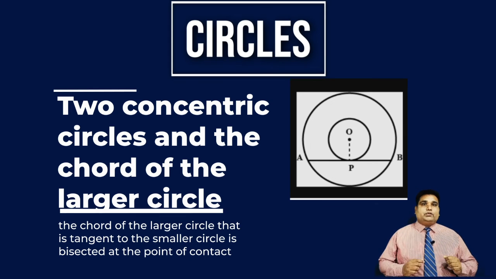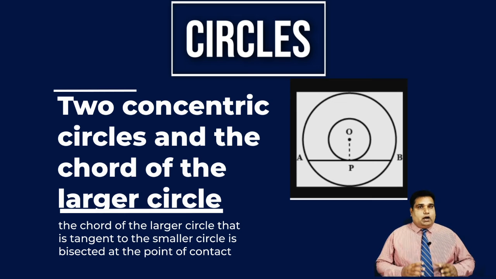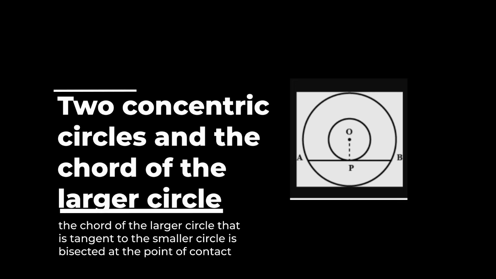Two circles are concentric when they have the same center. Here in the diagram we have two circles, an inner circle and an outer circle, with a common center O. The theorem says that in two concentric circles, the chord of the larger circle that is a tangent to the smaller circle is bisected at the point of contact. You can see there is a tangent APB on the smaller circle. This point P divides the tangent, or chord of the outer circle, into two equal parts. So AP will be equal to PB. So in concentric circles, the chord of the larger circle that is tangent to the smaller circle is bisected at the point of contact.